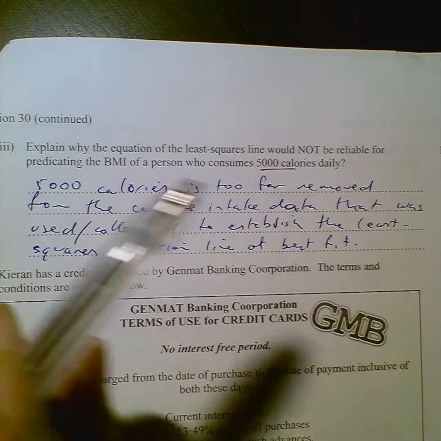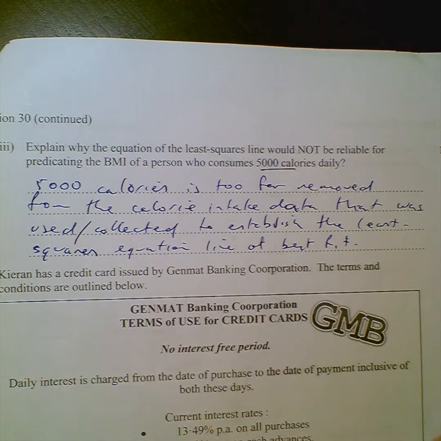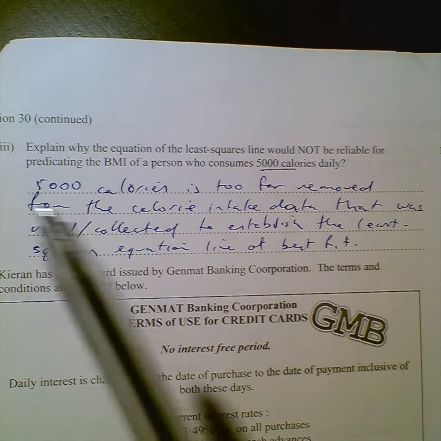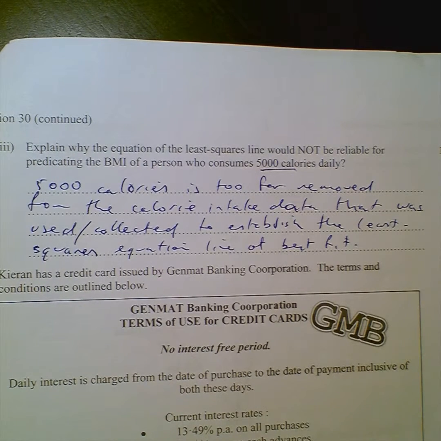I mean, you could argue you could go up to 3,000 calories and use the equation, but 5,000, it's too far removed. You can't make the assumption that the correlation or the relationship will continue in the same vein for that far. So therefore, the equation of this least squares line of best fit would not be appropriate to predict the BMI of a person who consumes 5,000 calories daily. Hope that makes sense.